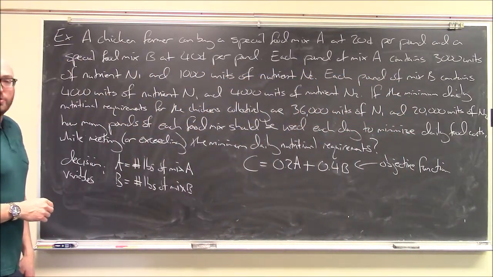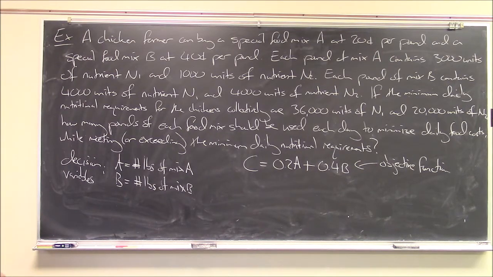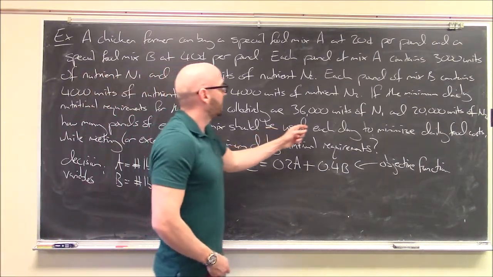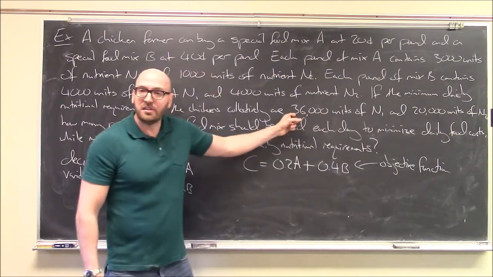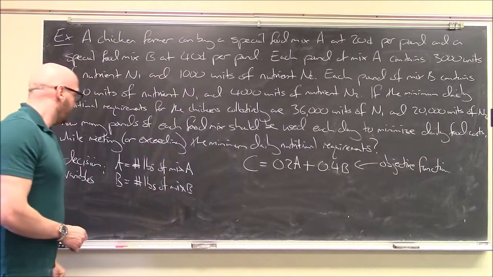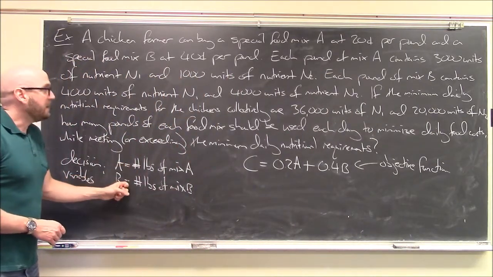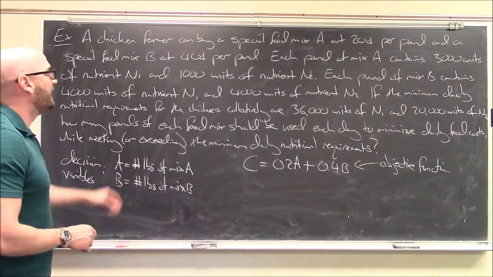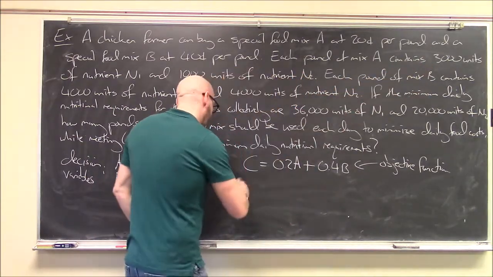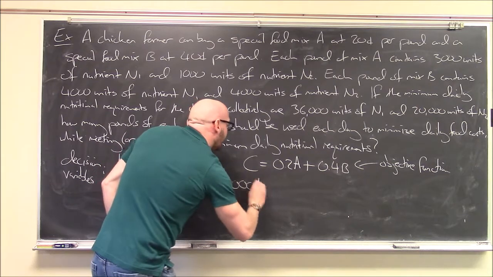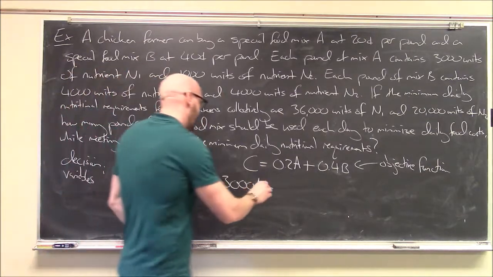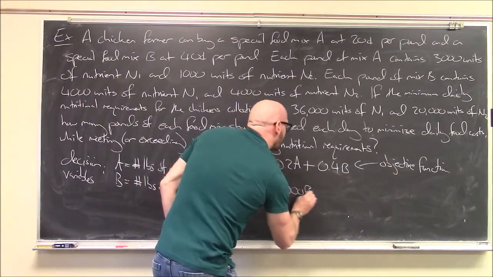Now, what are my problem constraints? No matter what values for A and B I choose, the number of units of nutrient N1 has to be at least 36,000, and the number of units of nutrient N2 has to be at least 20,000. If I choose A pounds of mix A and B pounds of mix B, how many units of N1 are they going to get? Per pound of A, they get 3,000 units of N1, so 3,000 times A, plus per pound of mix B, 4,000 units of N1.